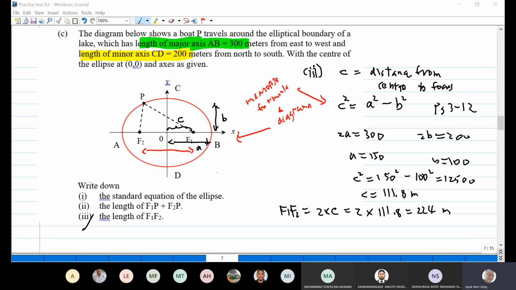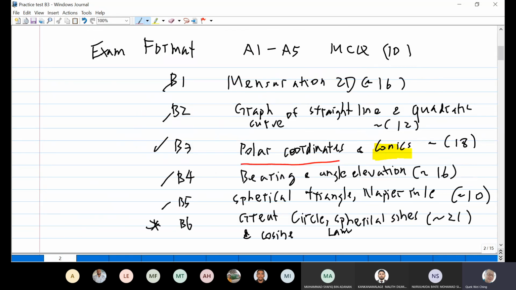This is B3. Question B3 has part A and part B, which are converting polar and rectangular coordinates. Then part C is a conic question. This is what I meant in the beginning: polar coordinates and conics. The conic means ellipse. So this is what B3 is all about.